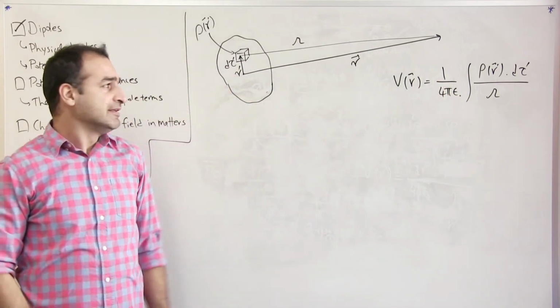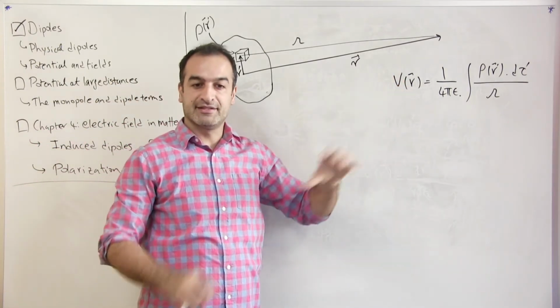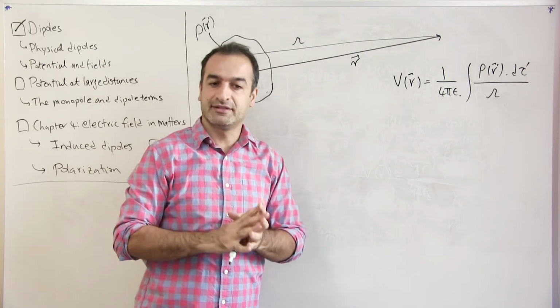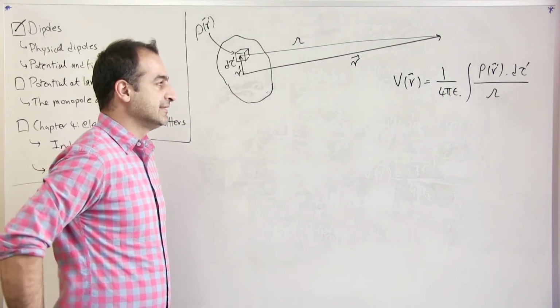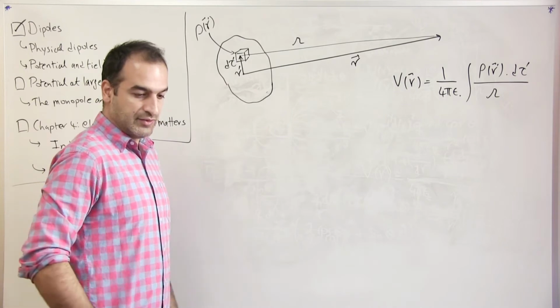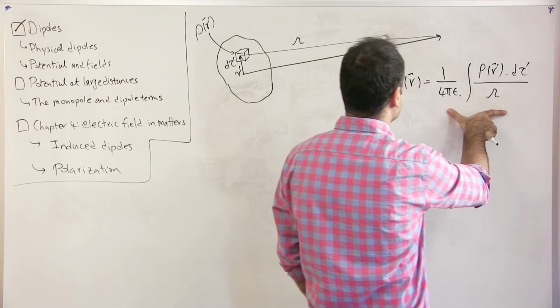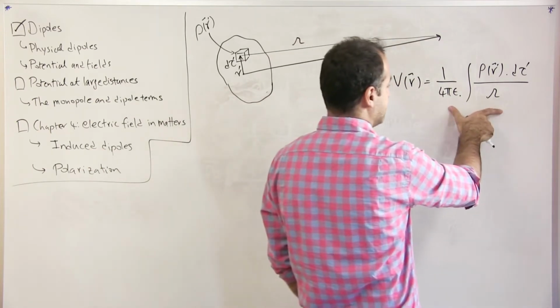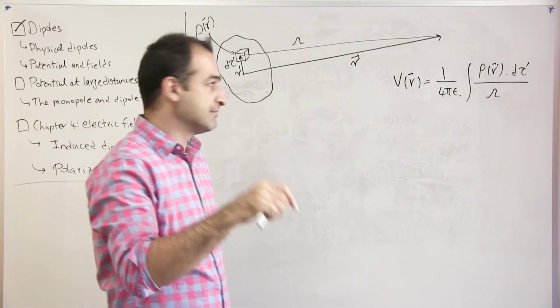But we did that for actually a few very special cases like a disk or a sphere or things like that. But generally that's not an easy thing to calculate. Okay. So here what I want to do is write this and expand it so that we have different terms in terms of 1 over r.